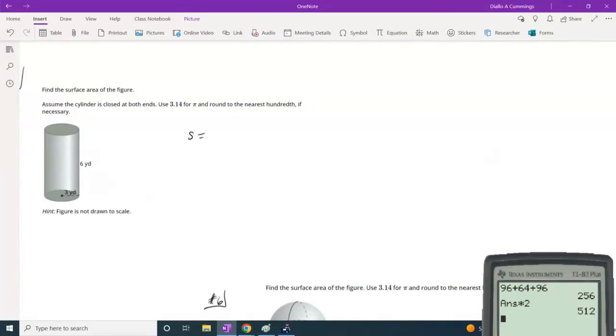So S is equal to 2 times pi times r times h plus 2 pi r squared. I want to substitute r for 3 and h for 6.